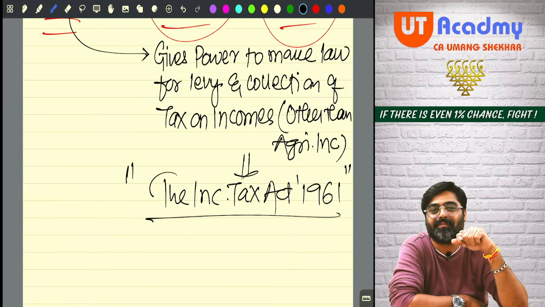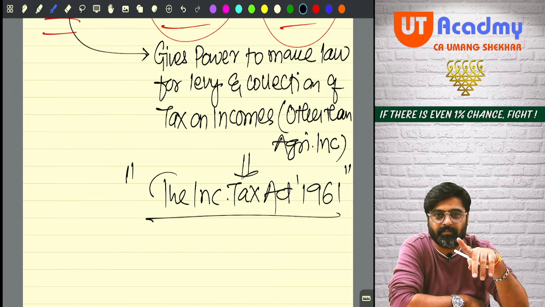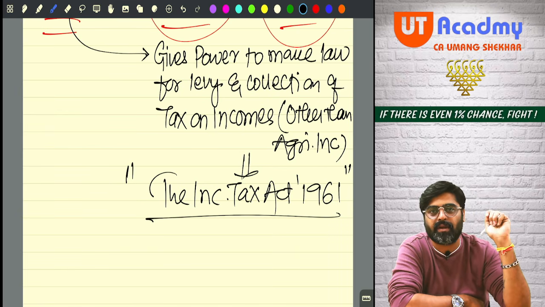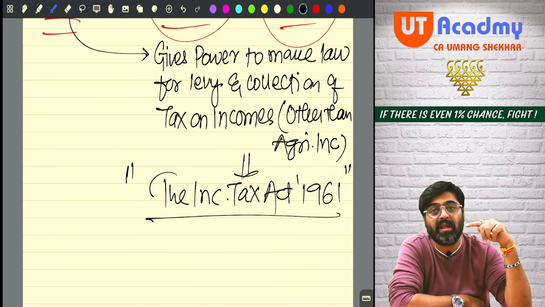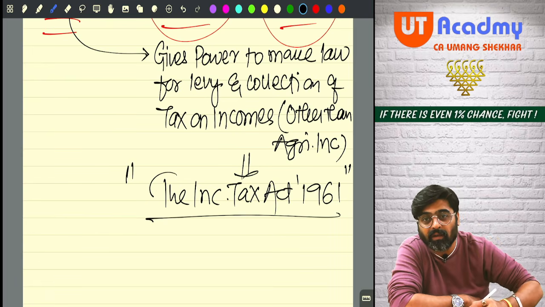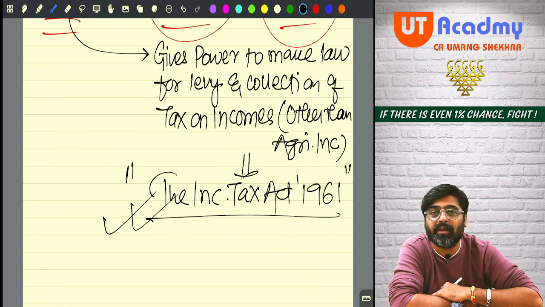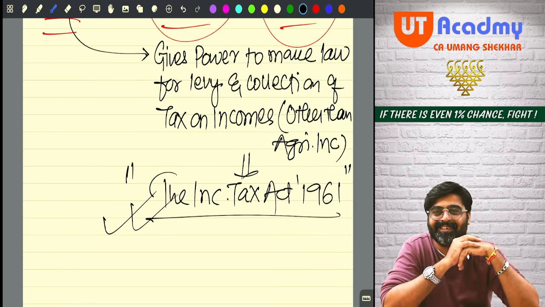tax from you. Understanding? Now, for example, if I am in Maharashtra, I will be earning income in Maharashtra. Will I pay tax on that income? Yes, as per the Income Tax Act 1961, to the Maharashtra government or to the central government? Central government.